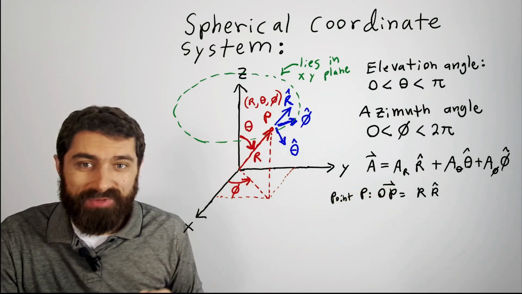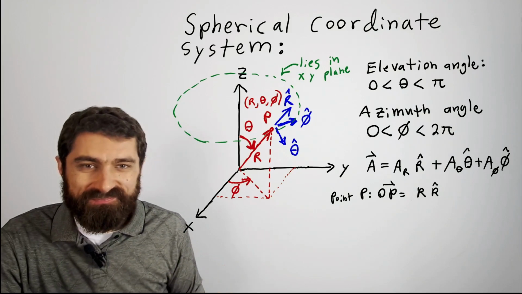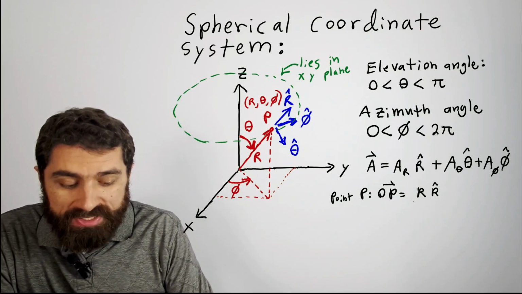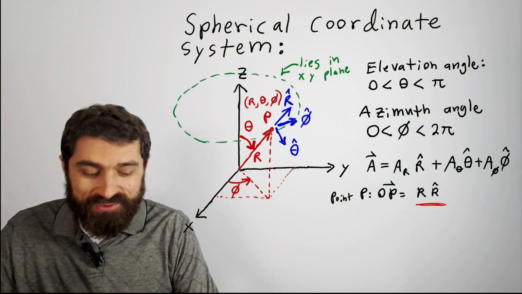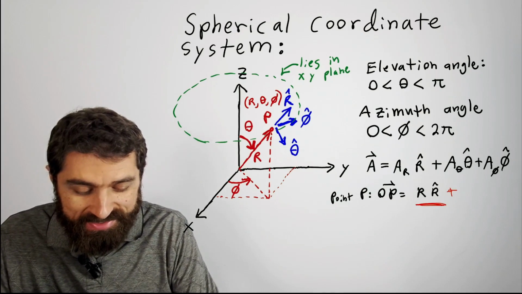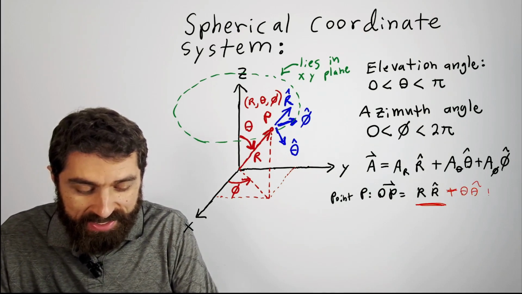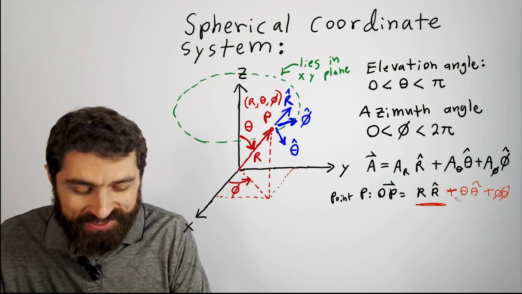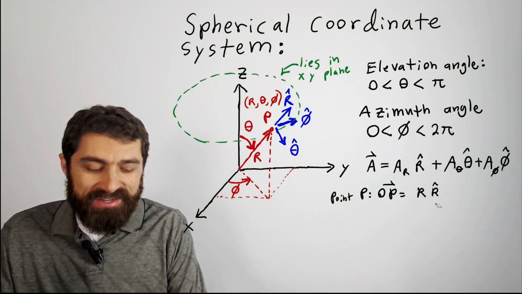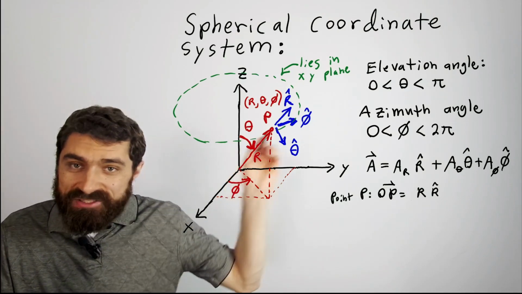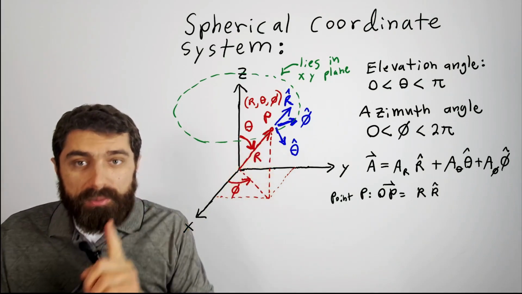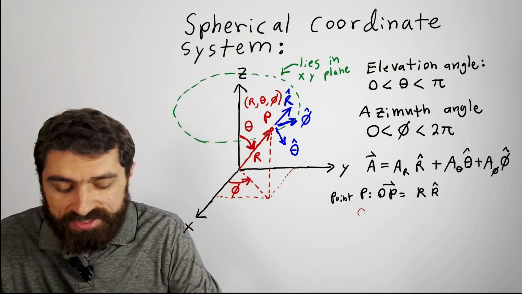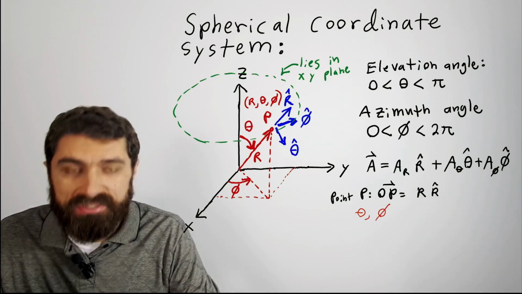Now, like the cylindrical coordinate system, the position vector here only includes one component. You cannot do something like theta hat plus phi hat. That doesn't work because again, those are angles. So you can specify a distance here with your position vector, but to fully designate where the point is, you also have to designate a certain value for theta and phi.